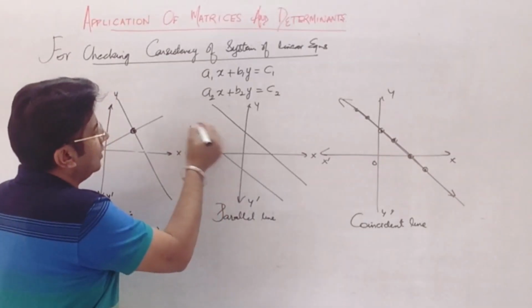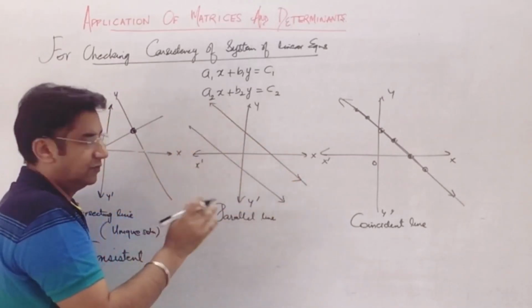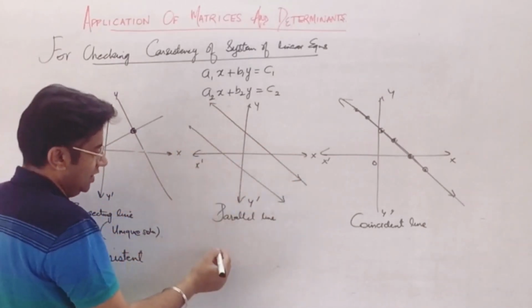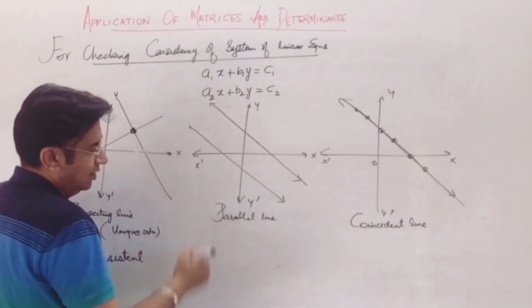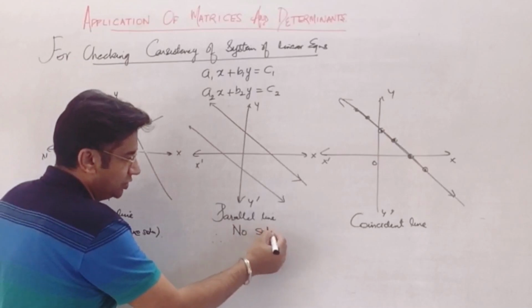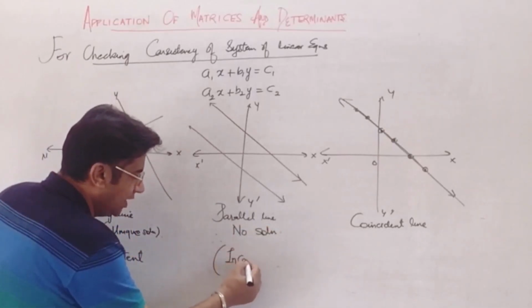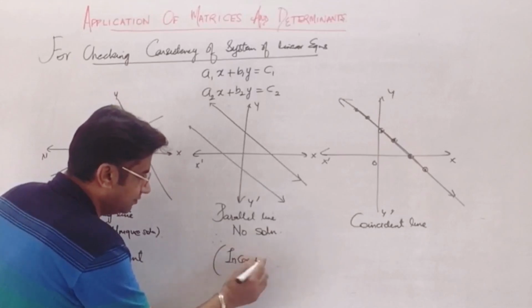Secondly, if two lines are parallel, they do not intersect. So in the case of parallel lines, we will get no solution, and the system is said to be an inconsistent system.